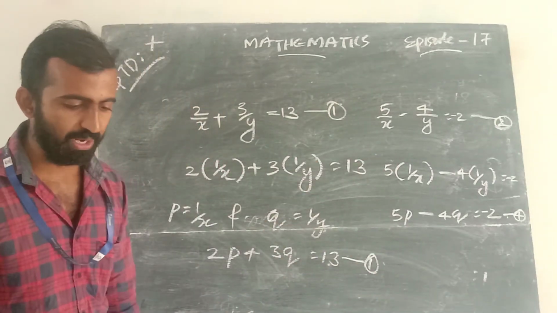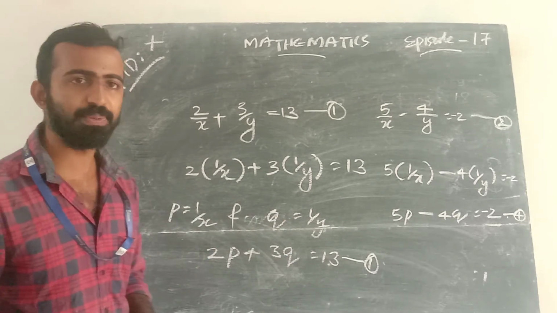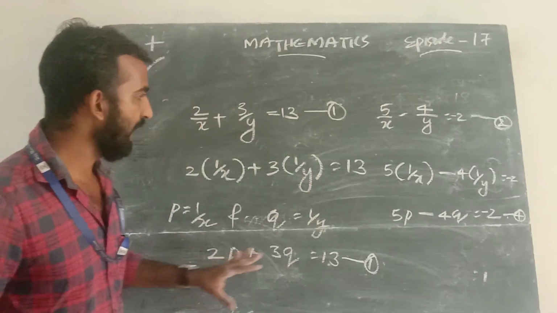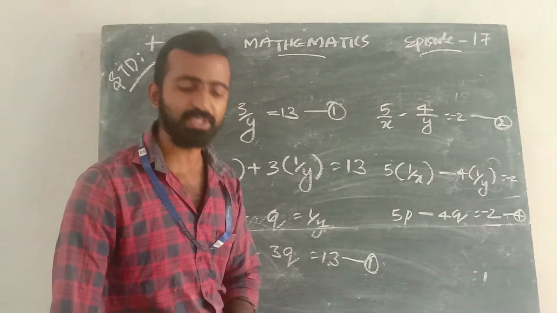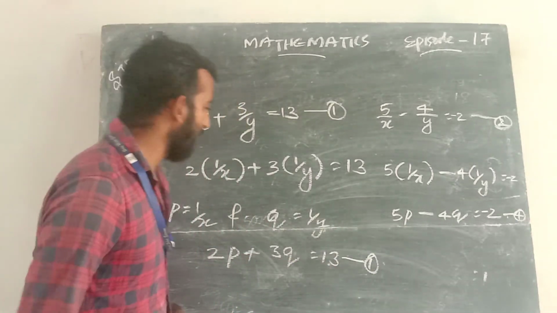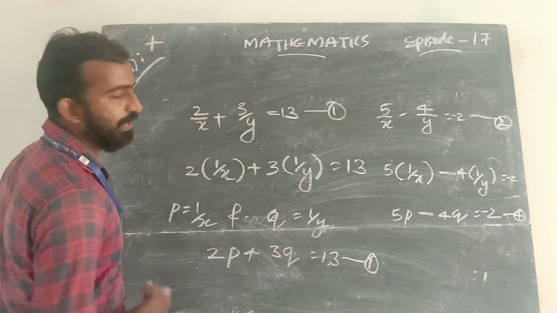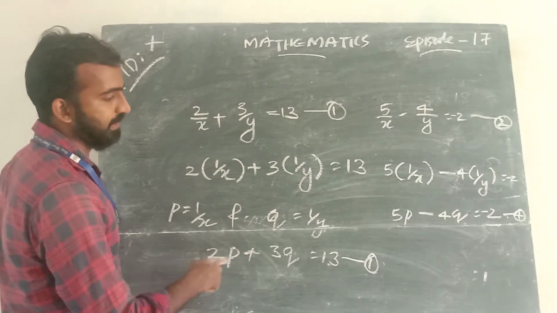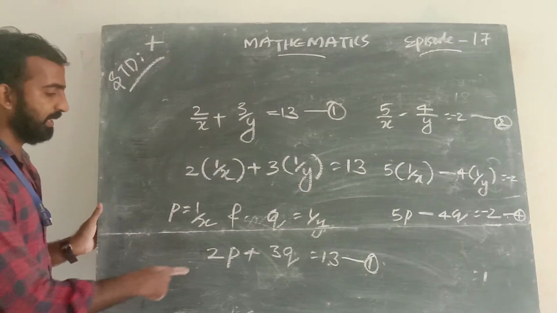When we simplify equations number 3 and 4, here we have 2p and 5p, and 3q and 4q. We multiply to make the coefficient of p the same, that is 5 and 2, giving 10.